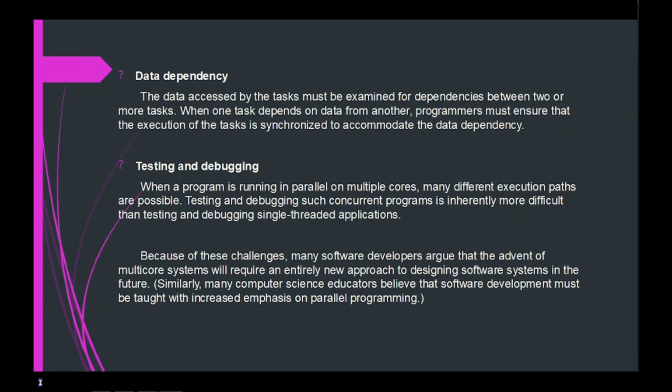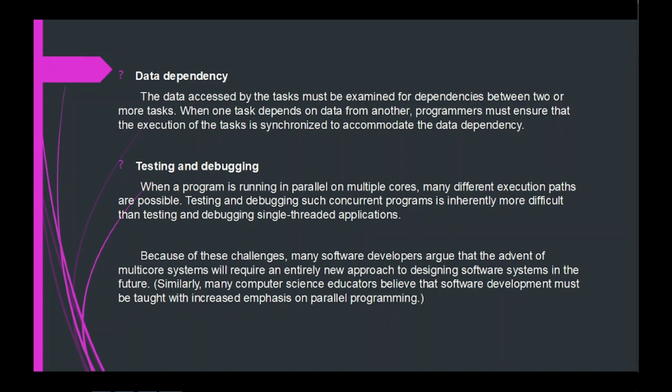Data dependency. The data accessed by the tasks must be examined for dependency between two or more tasks. When one task depends on data from another, programmers must ensure that the execution of the tasks is synchronized to accommodate the data dependency.